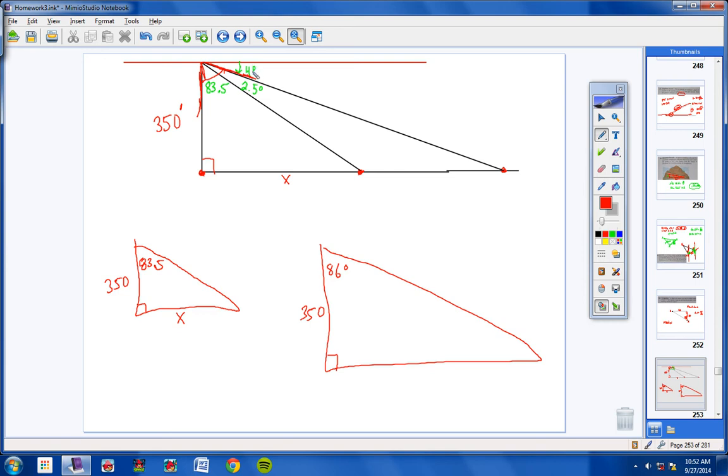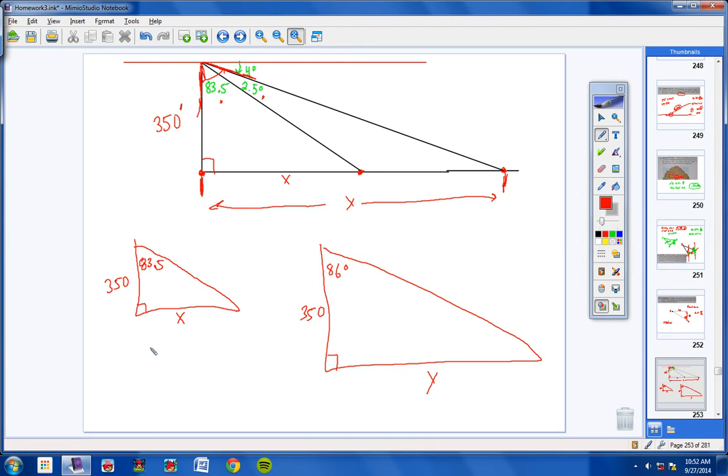Okay, so we're not including the 4 degrees. All right, it would be 86 degrees, this angle here plus this angle here. All right, so now we're going to call this whole distance from here all the way across to here y. So y is going to be all the way across, okay? So we'll call this y.